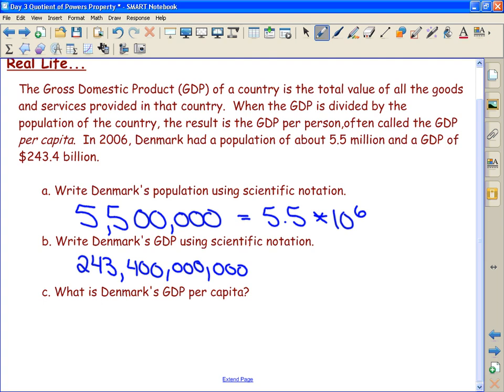Now I have 243 billion. So if I want to write that in scientific notation, that would be 2.434 times 10 to the 11.